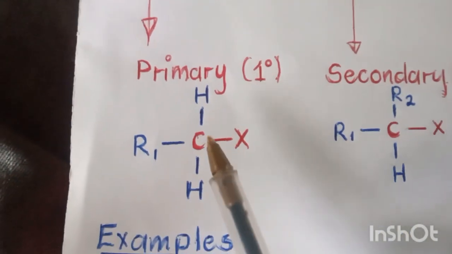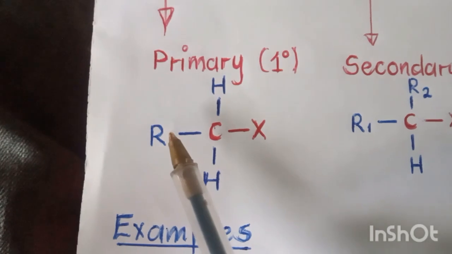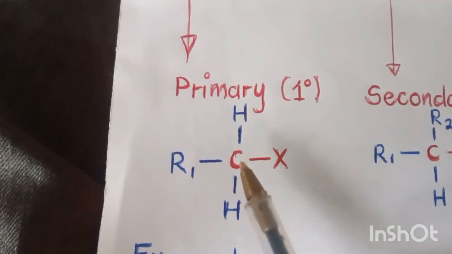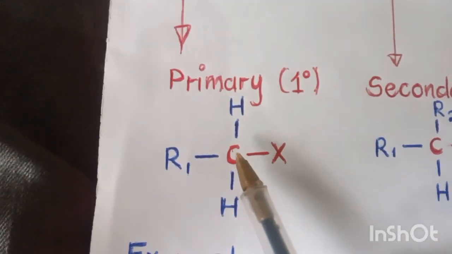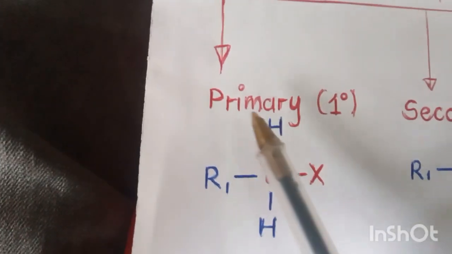That is, if there's only one alkyl group attached to the carbon atom which is directly bonded to the halogen atom, or if there are two hydrogen atoms attached to that carbon, then it's a primary haloalkane.